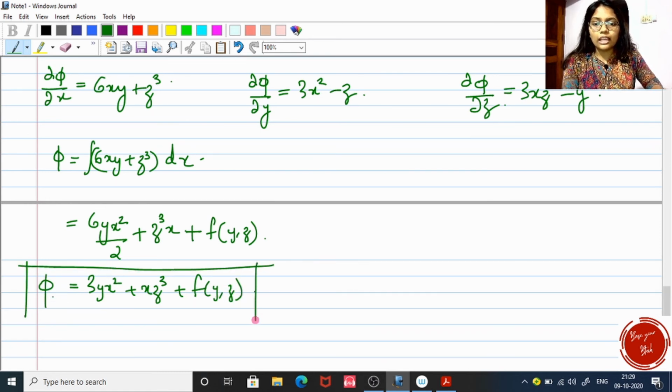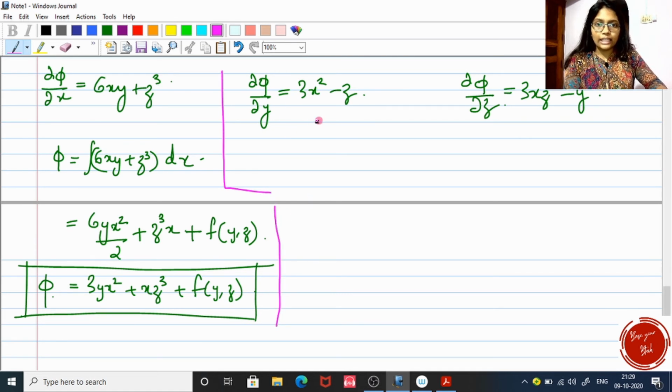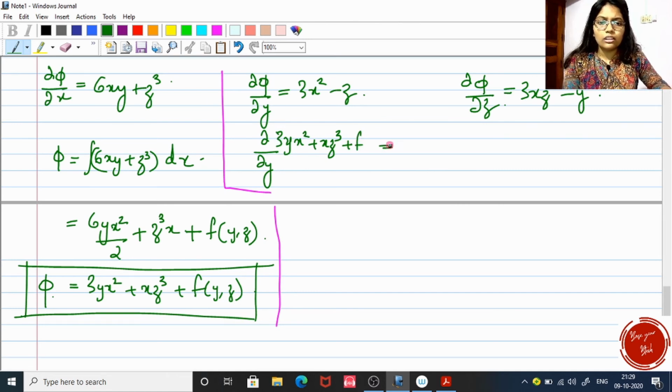So this is your scalar potential, but still f of y comma z is unknown. Let's find it with the help of the next equation. So dou by dou y of phi: 3yx square plus xz cube plus f. I am just writing f alone to save the space.